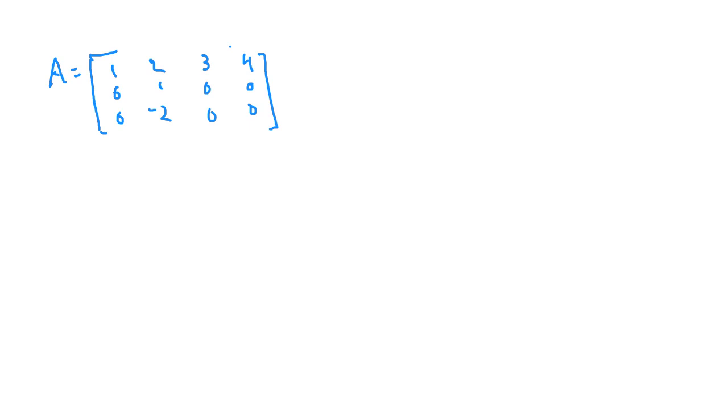And we want to determine what the dimension of the column space of A is and what the dimension of the null space of A is. So we can get the matrix in echelon form. Naturally, I'm going to take 2 times the second row, add it to the third row, and replace the third row with the result. If we do that, this is what we're going to get.